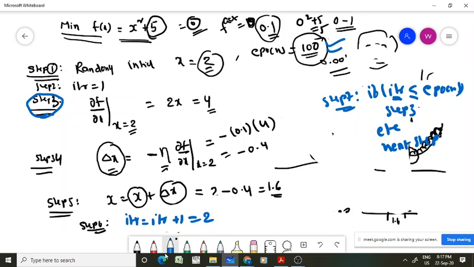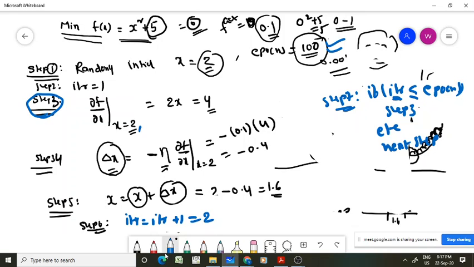Now in step 3, what you have to do? Again you have to calculate the gradient at x equal to, anyone can tell? In the second iteration, we are calculating the gradient at x equal to, I am repeating once again. Initial point is x equal to 2. First iteration I am explaining.